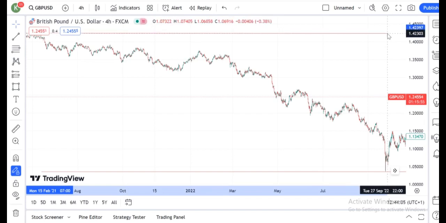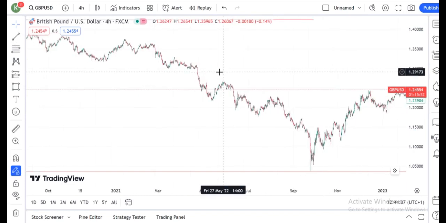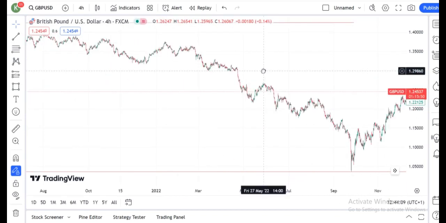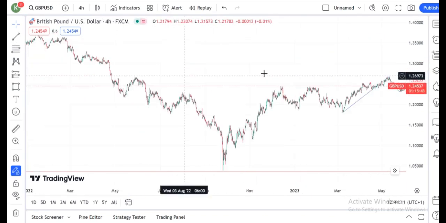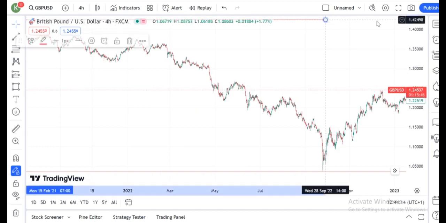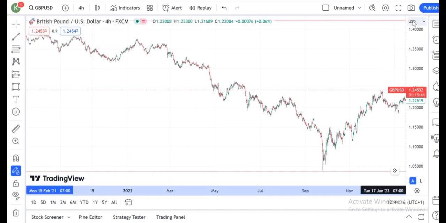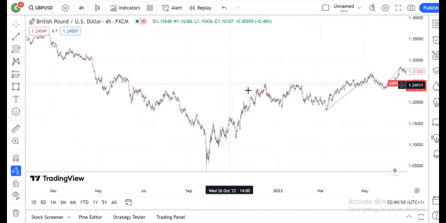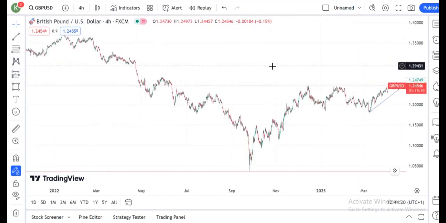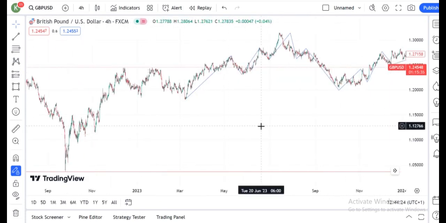So after extension, I will now go down into a lower time frame. You can see my extension. I think I need to extend it even more. Okay, you can see that.